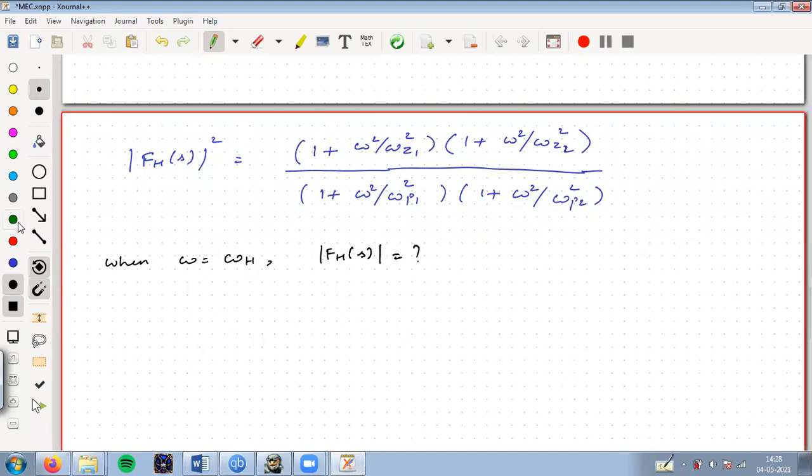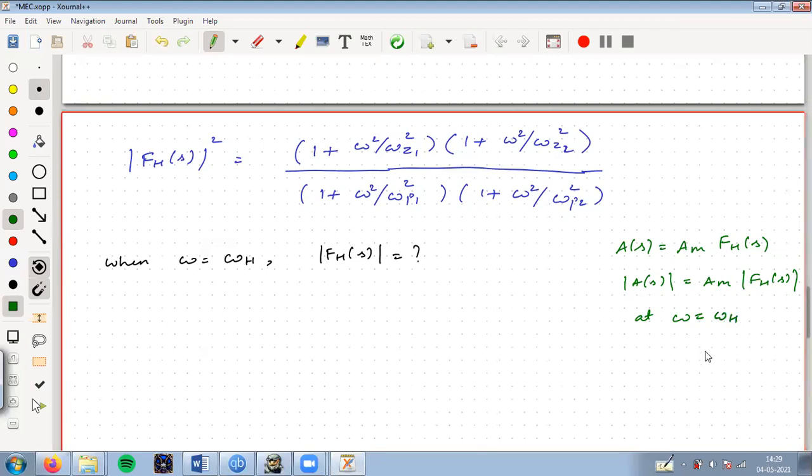For that, go back to the gain function. A of s is equal to Am into fh of s. If I take the magnitude, the magnitude of A of s is equal to Am into the magnitude of fh of s. So at omega equal to omega h, this is the 3 dB frequency.